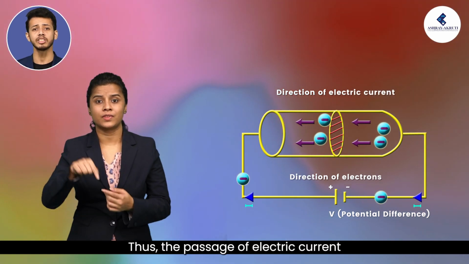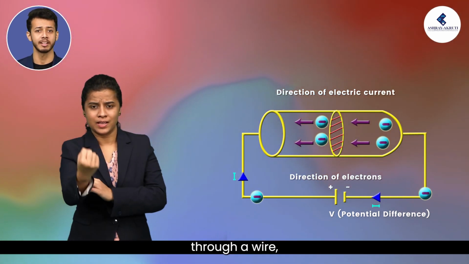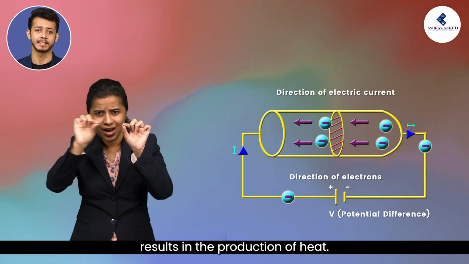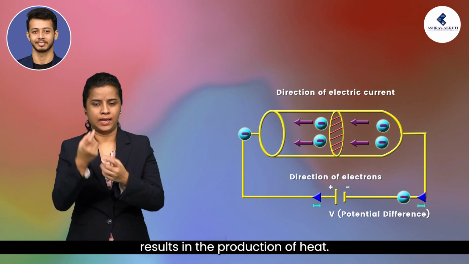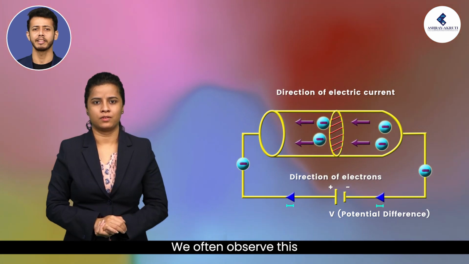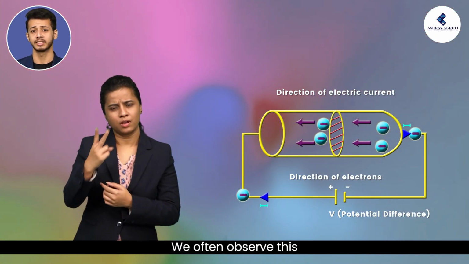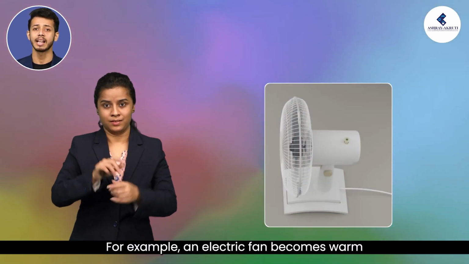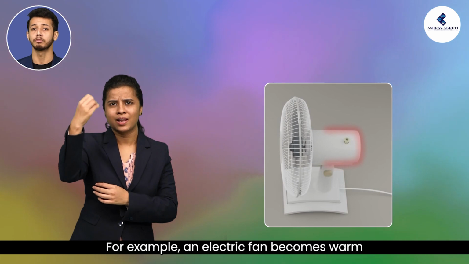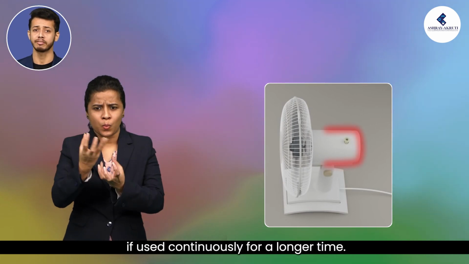Thus, the passage of electric current through a wire results in the production of heat. We often observe this in our everyday life. For example, an electric fan becomes warm if used continuously for a longer time.